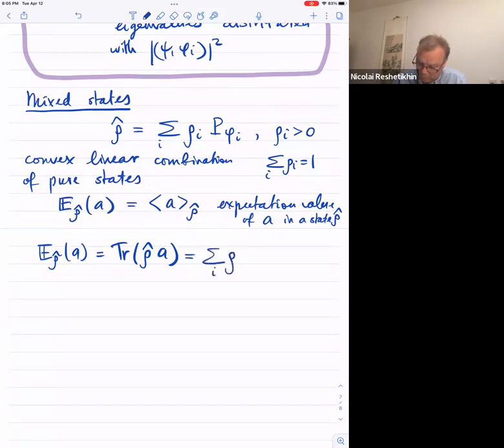This is the sum over I, rho I, and then phi I A. Maybe I want to use Greek letters here, not because I'm religious about Greek letters, just because I started to use Latin letters before. So now this will be alphas.